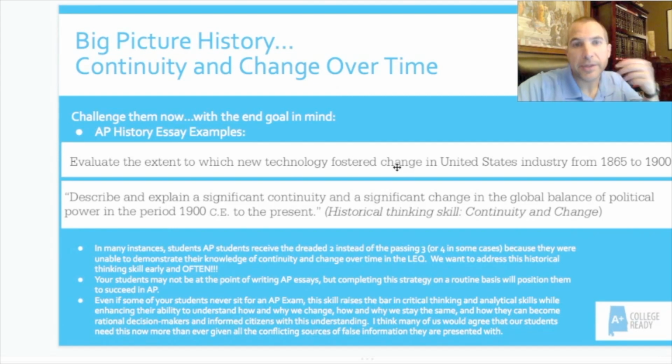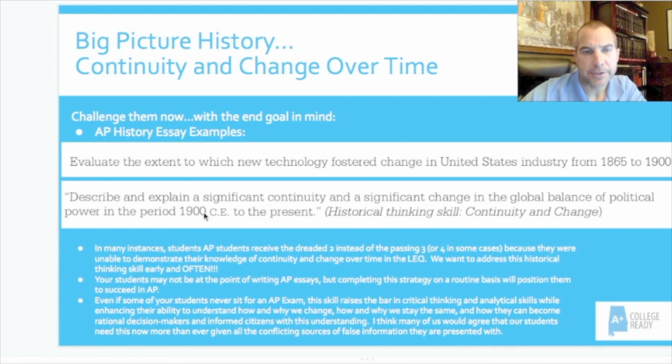So, evaluate the extent to which new technology fostered change in United States industry from 1865 to 1900. The focus here is on technology and change, but again, this is under the thinking skill of continuity and change. So they would need to mention what actually stays the same to improve their chances of getting full credit here.